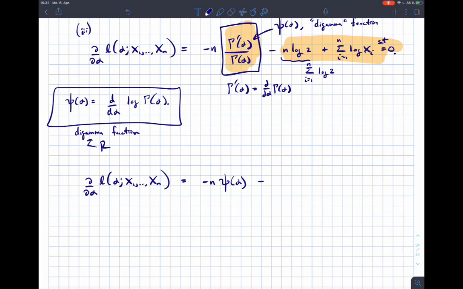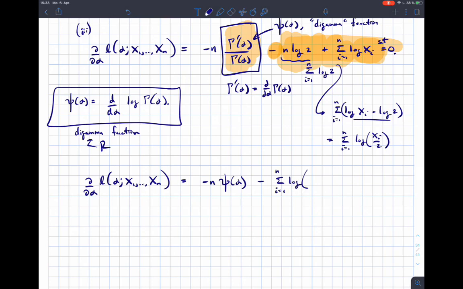And so then I can write this whole thing as the sum of log xi minus log 2, because I've got this negative sign here. And I can write all of that by using rules of logarithms as log xi over 2. So let me just put here the sum of log xi over 2, and I'm setting that equal to 0.